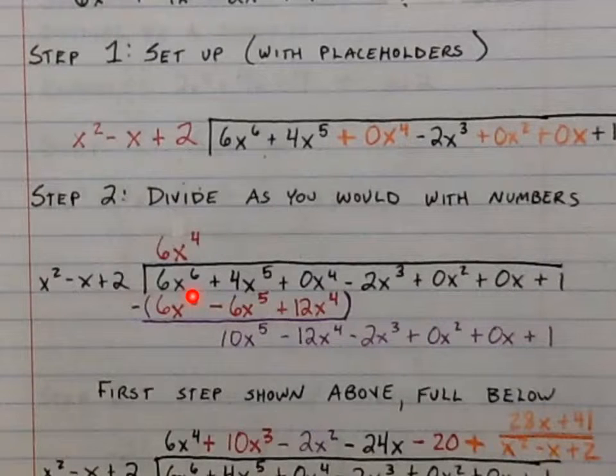I know that there will wind up being 6x to the 4th as an answer, because x squared times 6x to the 4th equals 6x to the 6th.